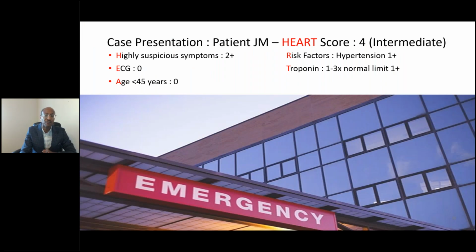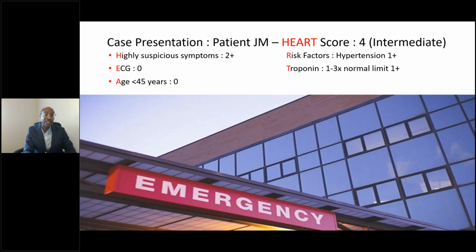Let's come back to our patient. So our patient got evaluated with the HEART score specifically, looking at the different components. For H, her symptoms were actually pretty concerning, so she gets 2 points for that. Her ECG, as we discussed, was not suggestive of any abnormality, so 0 points.